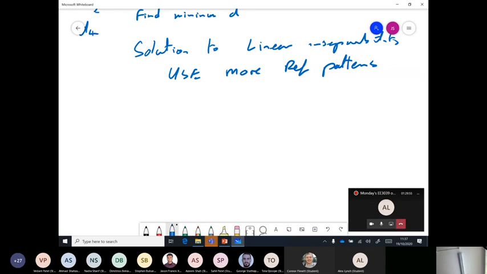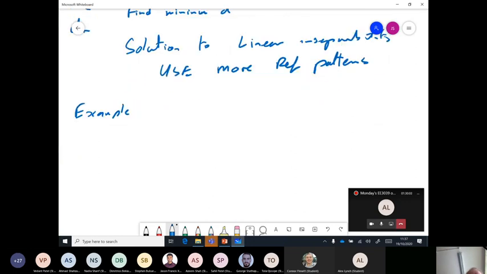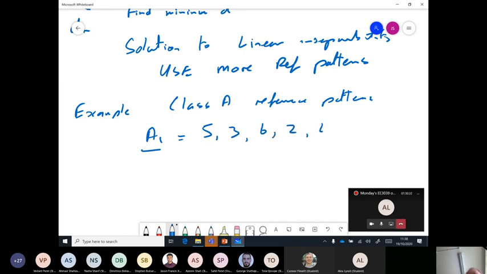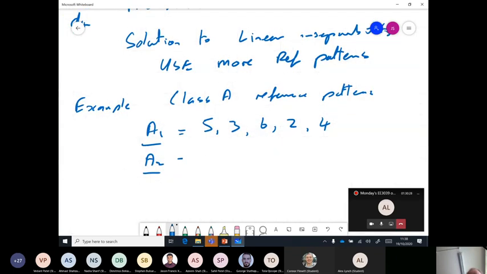Right, let's have an example. Let's have class A reference patterns. A1 equals 5, 3, 6, 2, 4. A2 is going to be 4, 2, 3, 4, 5.